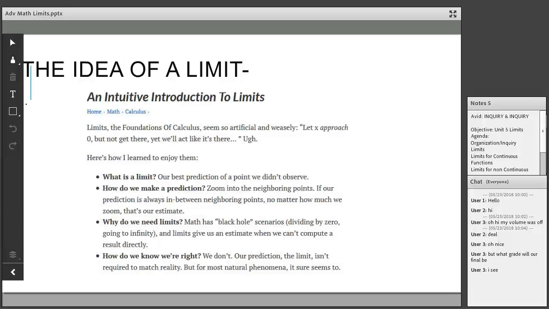It talks a little bit about why we need limits and what limits are. So hopefully that helps you understand what a limit is.